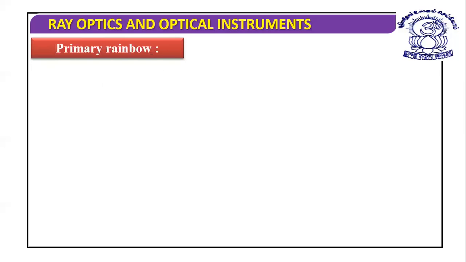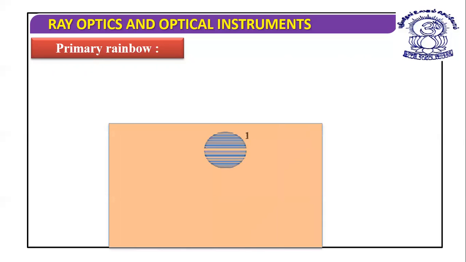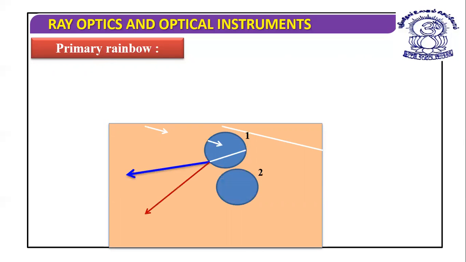First, let us see the primary rainbow. The common rainbow is the primary rainbow. It is a colored band having red on the outside and violet on the inner side. It is formed due to refraction and one reflection of light falling on the raindrops.